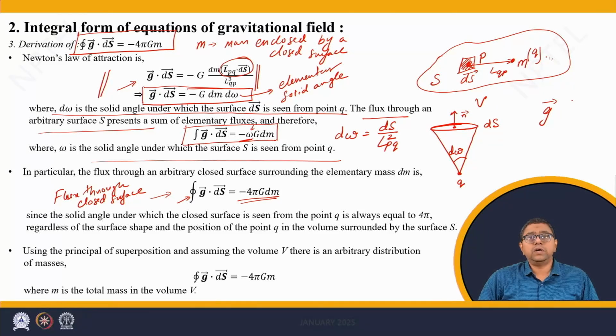Now, we know that if the solid angle is measured such that the point lies within the closed surface area, then the total solid angle is always 4π.